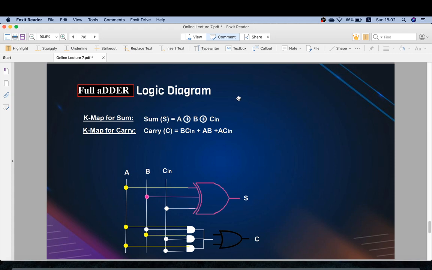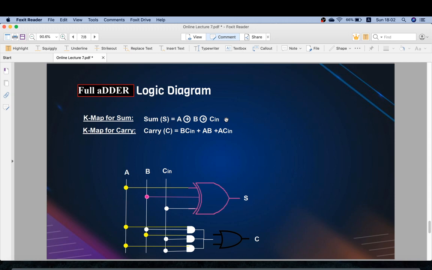It's the same with both K-maps, the K-map for the sum and the K-map for the carry. The final equation from the K-map for the sum was A XOR B XOR C in, and for the carry it was B C in plus A B plus A C in.